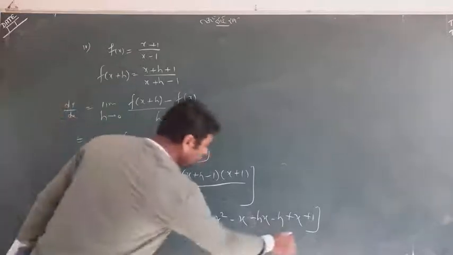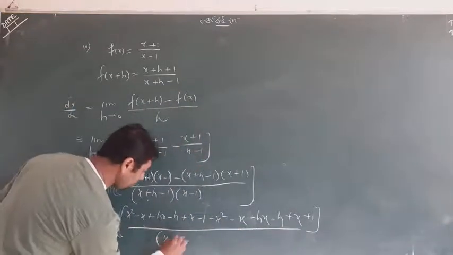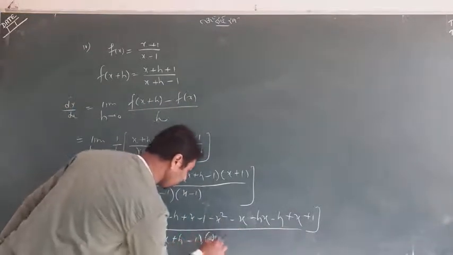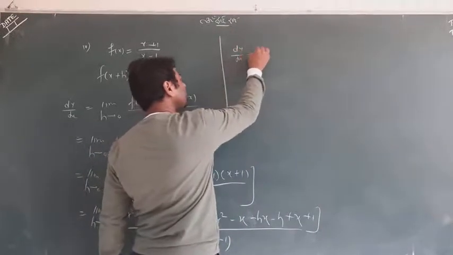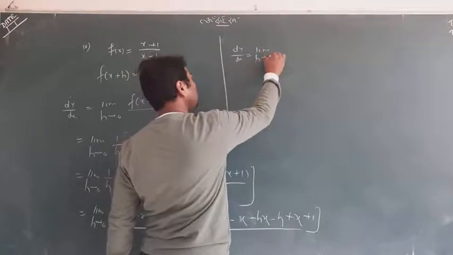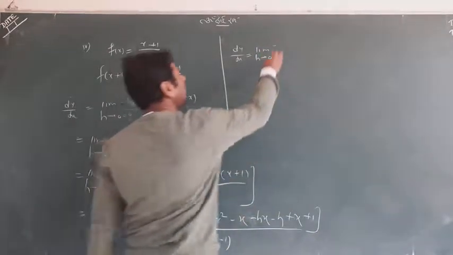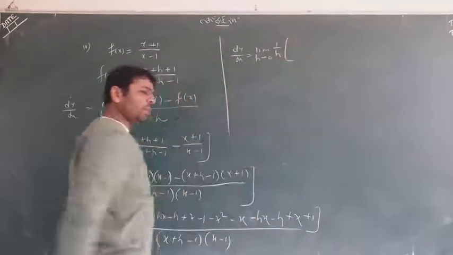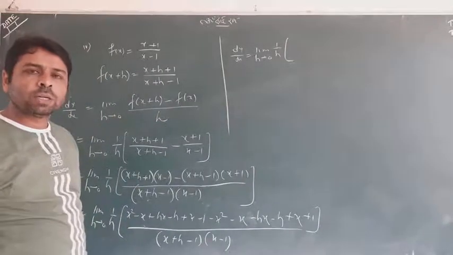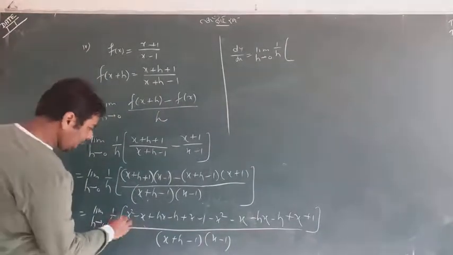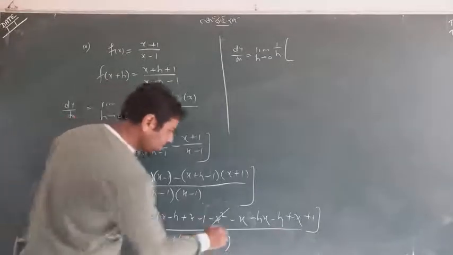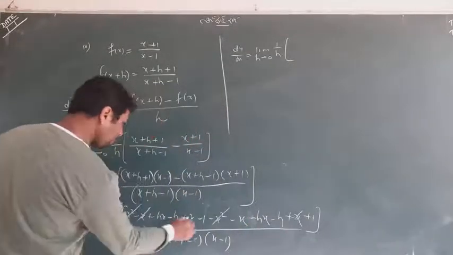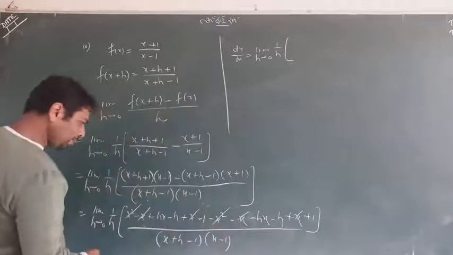Now upon we have x plus h minus 1 and x minus 1. I tell you one thing which is very positive: whenever you do this work, you will see that all the terms of single x will cancel. Can you see? x squared and x squared cancel, minus x and plus x cancel, plus x and minus x cancel.